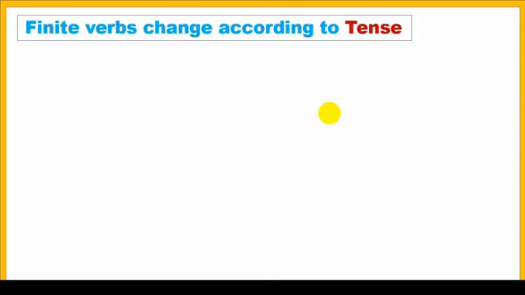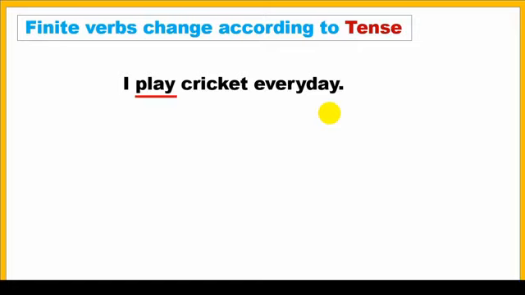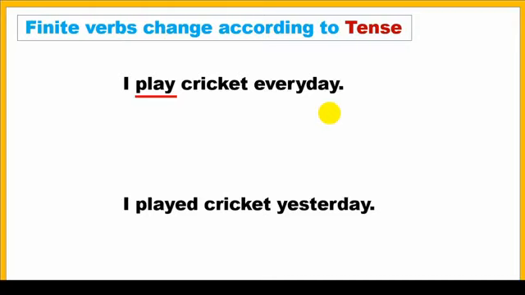Finite verb change according to tense. Look at the sentence: I play cricket every day. Here this sentence is in present tense. Here play is the verb. Look into the another sentence: I played cricket yesterday.